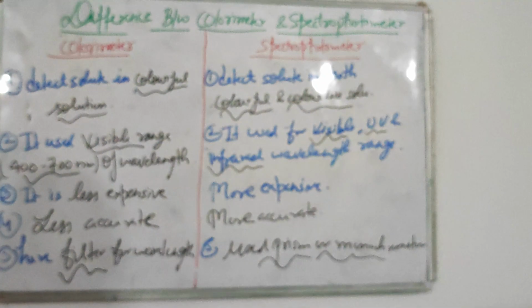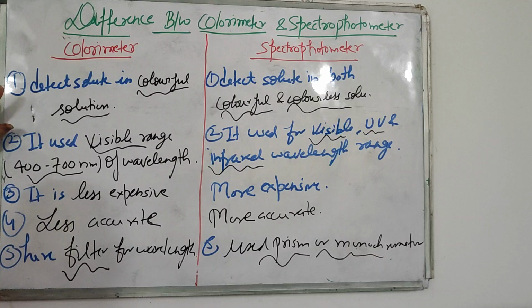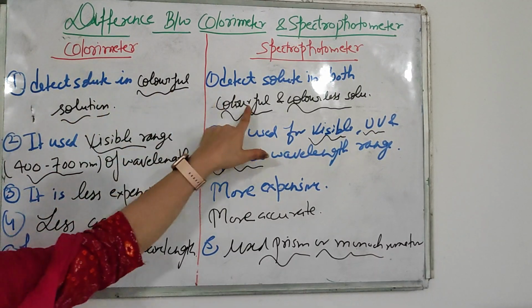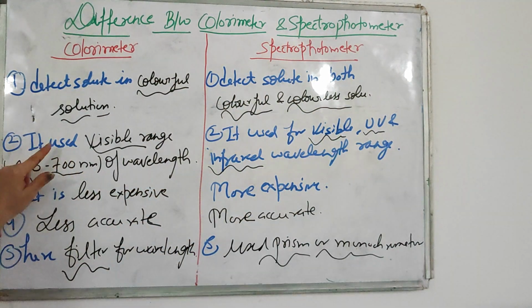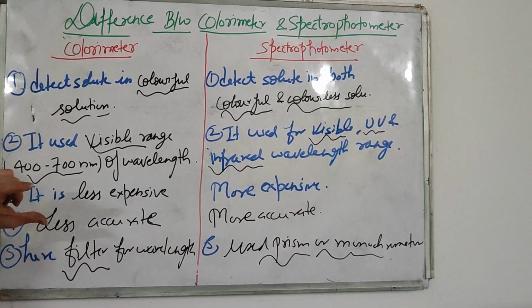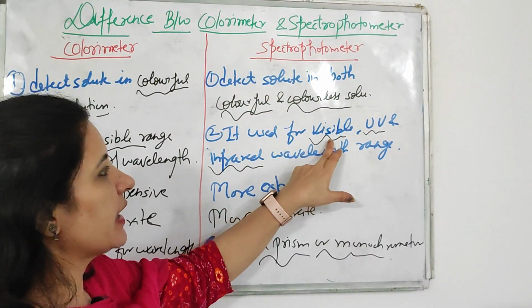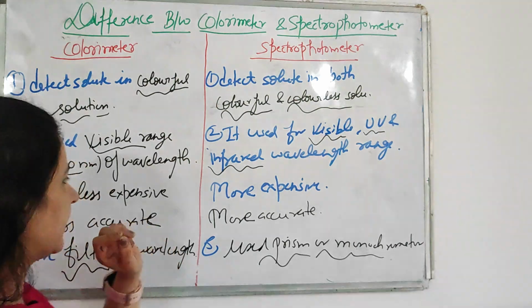So these are the five differences between colorimeter and spectrophotometer. Let's understand once again. Colorimeter detects the solute in a colorful solution only. Spectrophotometer uses both colorful as well as colorless solution. Colorimeter uses only the visible range of wavelength, that is 400 to 700 nanometer, while in spectrophotometer we can use the visible range, UV range as well as infrared range of wavelength.